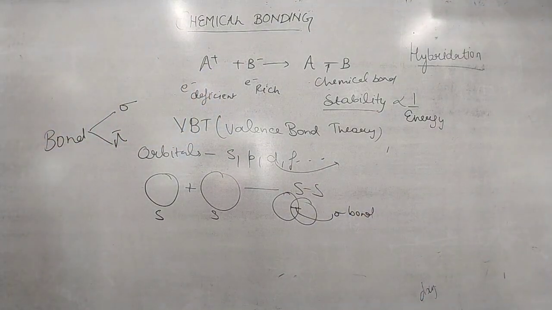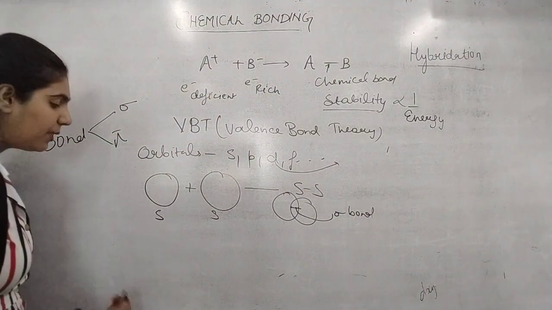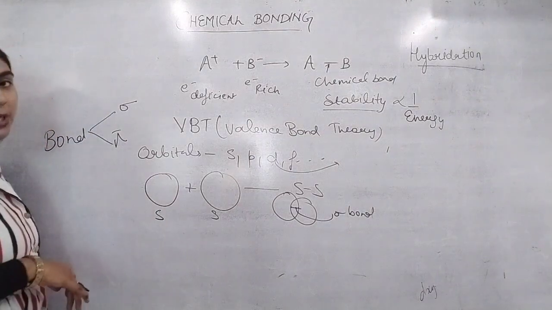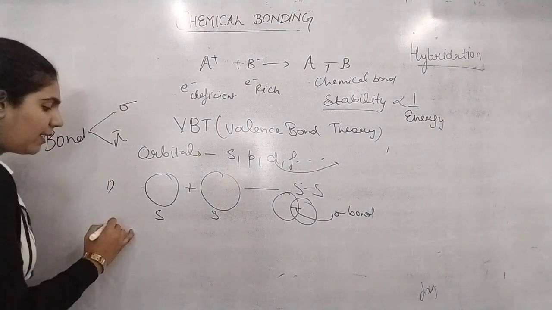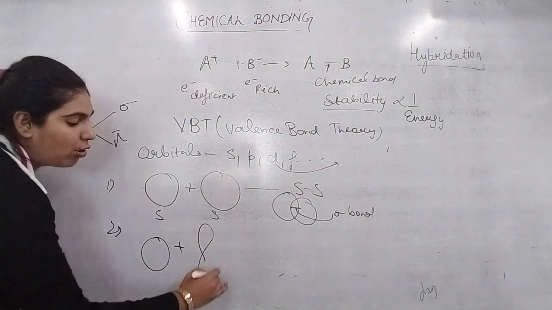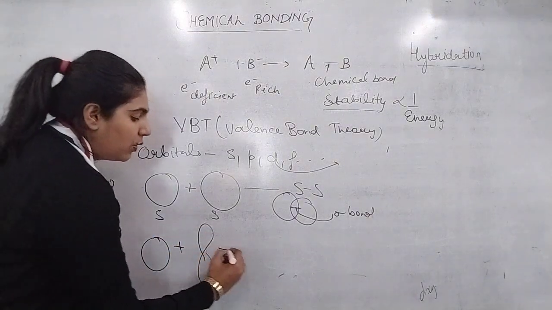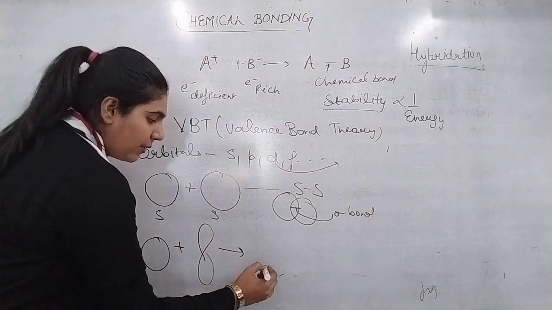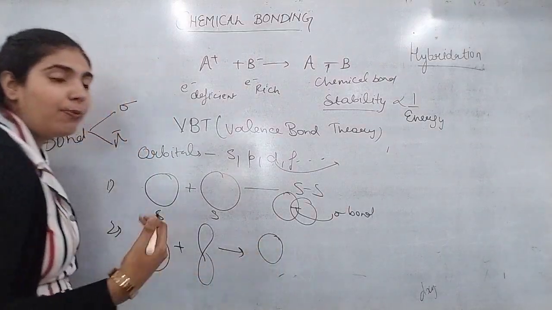Right? Now let's talk about the different possibility of s and p. So second is when an s orbital combines with a p orbital. There are two possibilities.